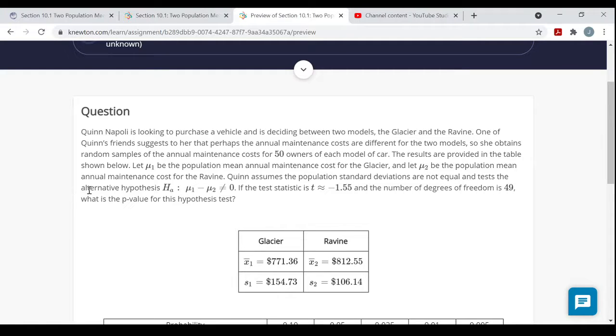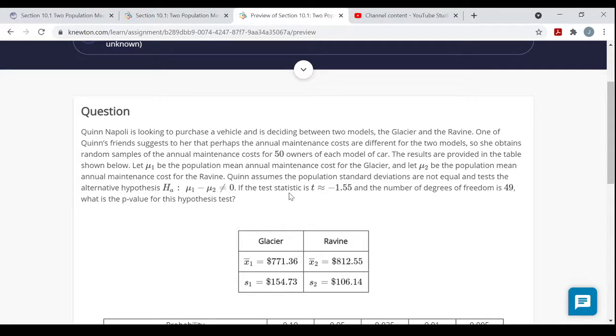And it tests the alternative hypothesis that mu1 minus mu2 is not 0, meaning that the mean annual maintenance costs for Glaciers and Ravines are not the same, is what this alternative hypothesis is saying. All right.